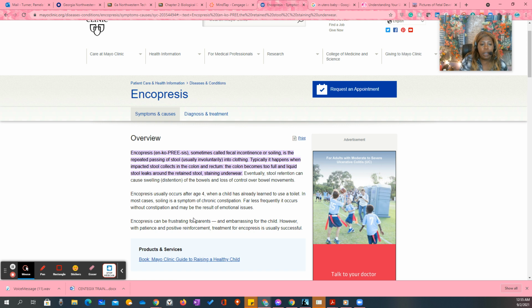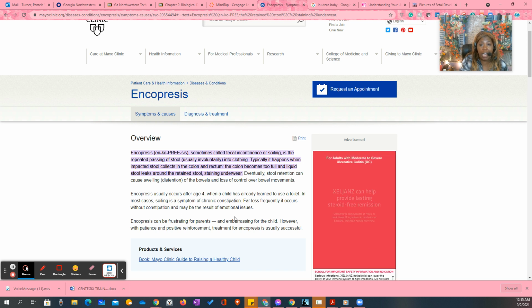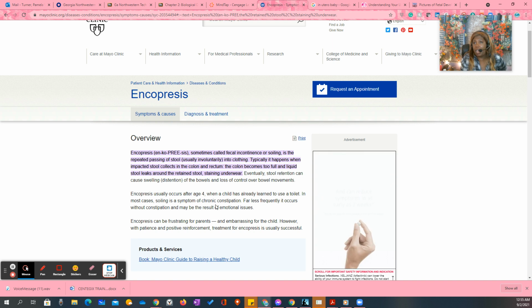Encopresis usually is diagnosed after the age of 4. So we're not worried that a baby is having accidents until they're almost 5. If you've got a 5-year-old that is having trouble holding their bowels or is having accidents, then we're worried. But remember, and this is really important as you're working with families, don't expect that baby to be potty trained.